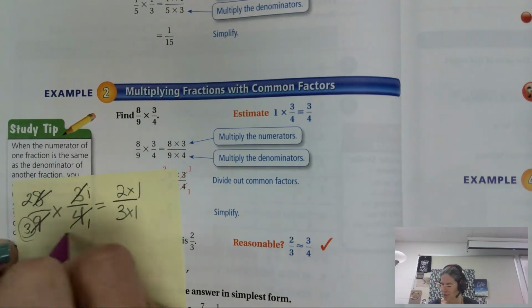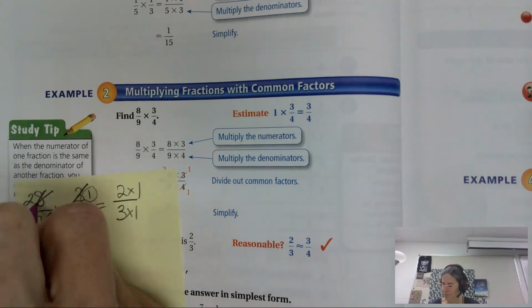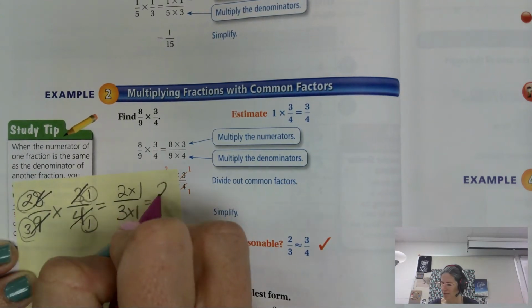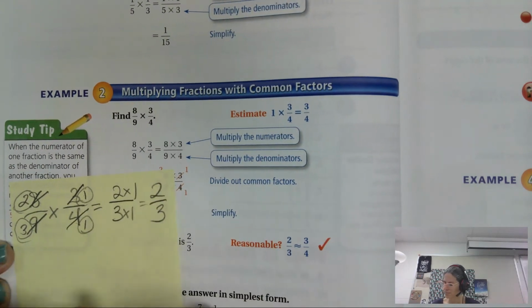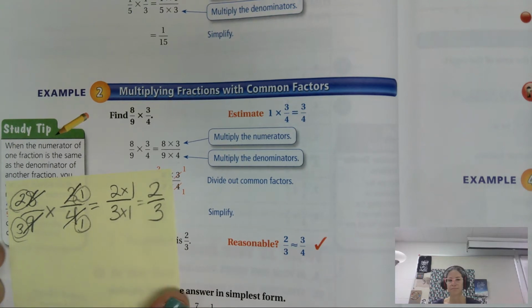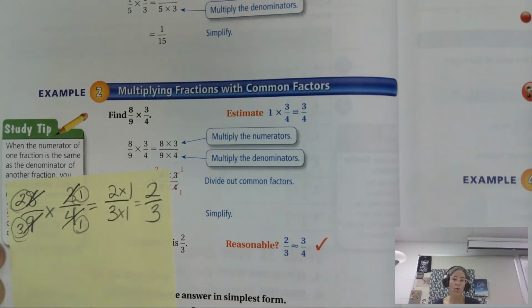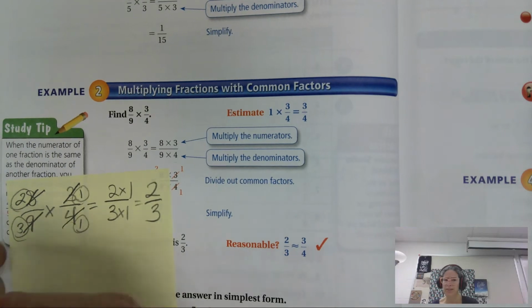See this right here? And then that's what I multiply together, and I get 2/3. Or there's a bunch of different ways that you can do this.